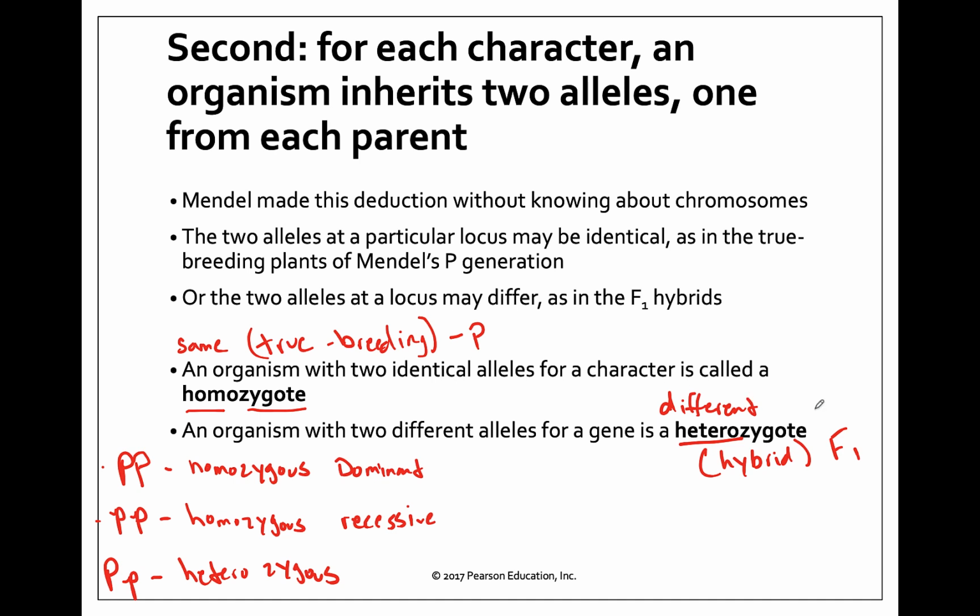And then all of the individuals in the F1 generation were hybrids because they had one big P from one parent and one little p from another parent. These are what we call genotypes. This is the actual genetic sequences that each individual carries in its chromosomes.